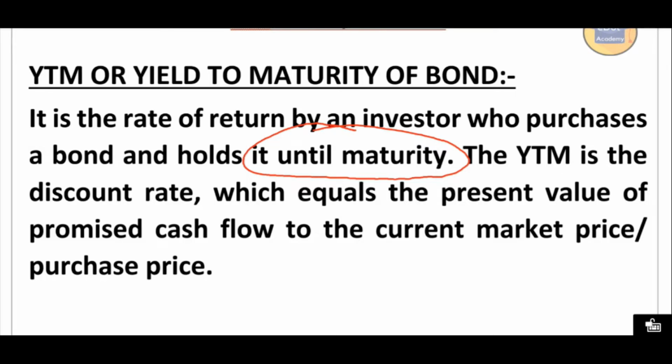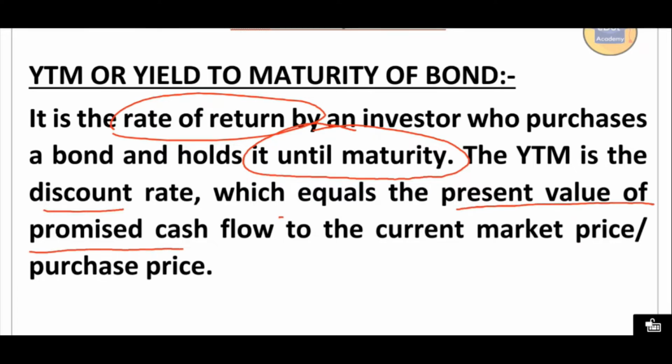So the first condition is very important. This is the rate of return, keep in mind, this is the rate of return. So when you see a rate of return given for the bond, this is the only rate of return, but what is the condition there? YTM is the discount rate which equates the present value of promised cash flows to the current market price, or purchase price.